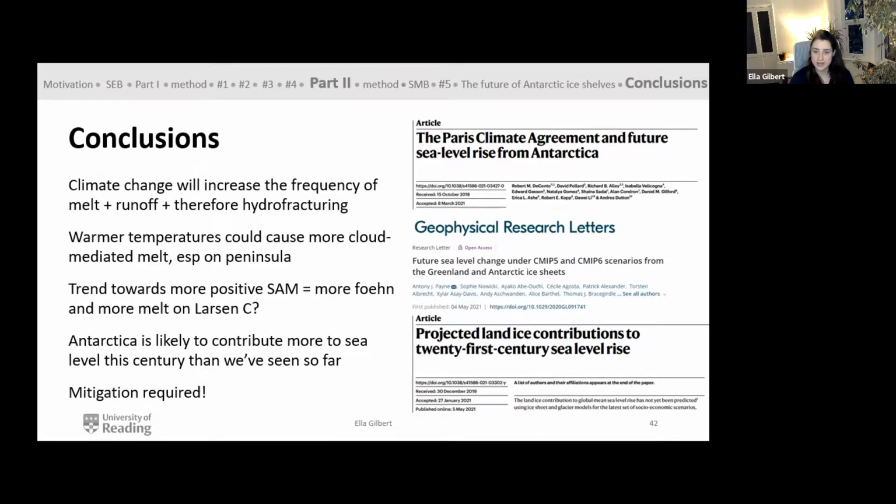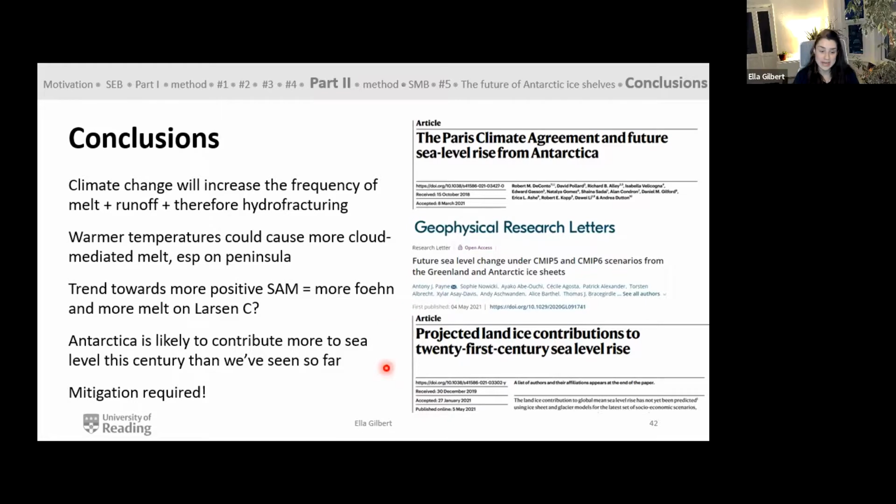And there's also this idea that a more positive SAM trend might start to emerge again, which, as we've seen from the relationship between SAM and foehn winds, could start to drive more melting in places like Larsen C, but also elsewhere on the peninsula. So this is consistent with some other recent studies, like we've seen here.